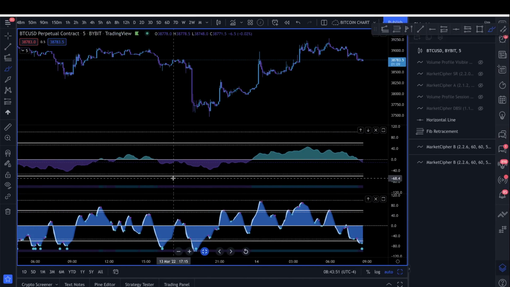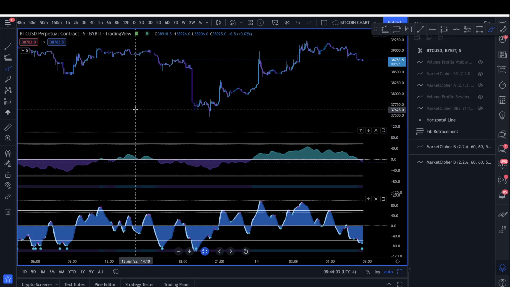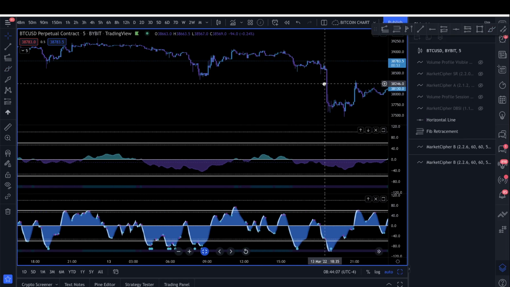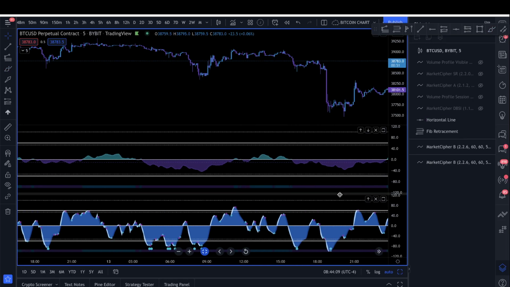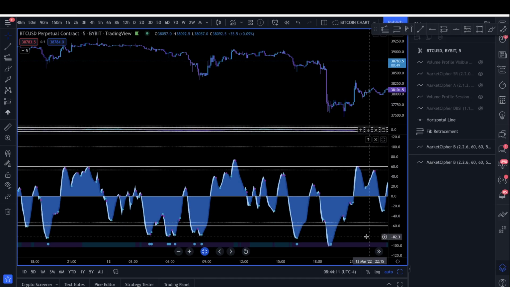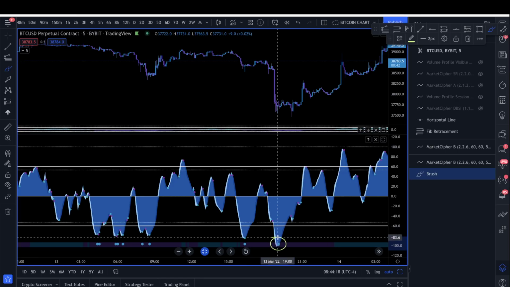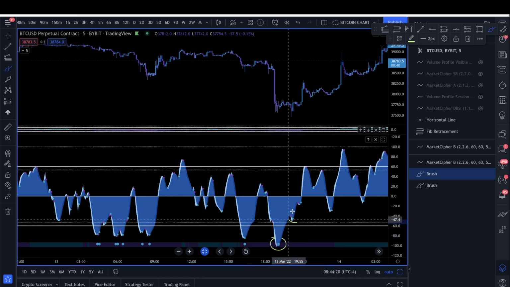A trigger wave is any wave after that anchor wave has printed that is consecutively higher if it's on the negative side, or consecutively lower if it's on the positive side. Just to give you some examples, if we have an anchor wave, for example, right down here, clearly an anchor wave that has printed below that -60 line, this right here would be considered a trigger wave.